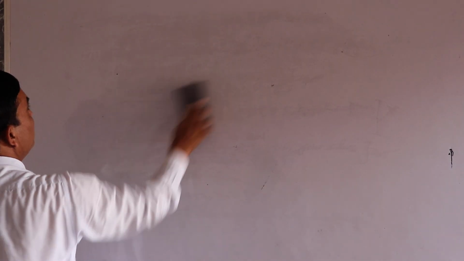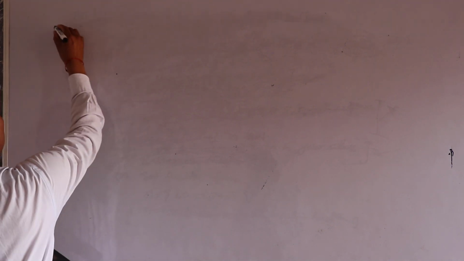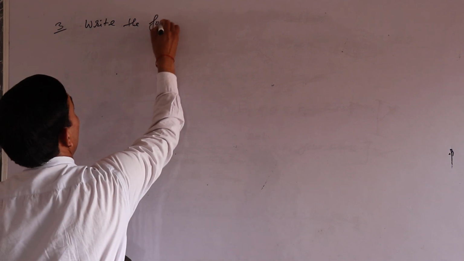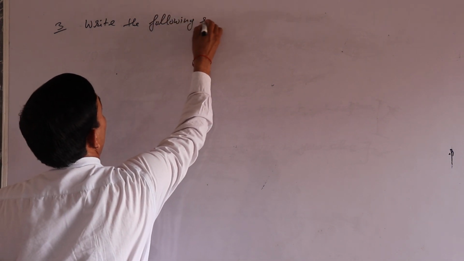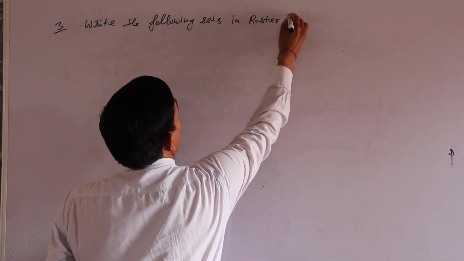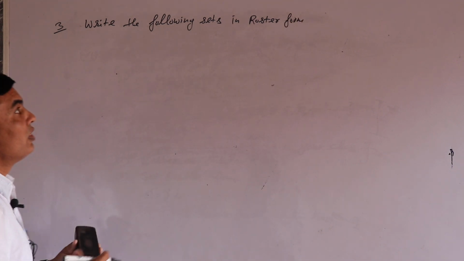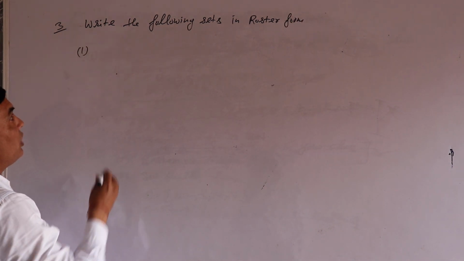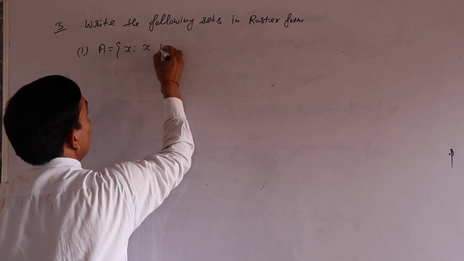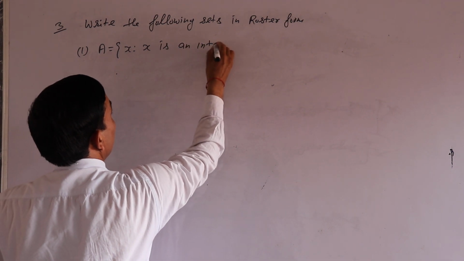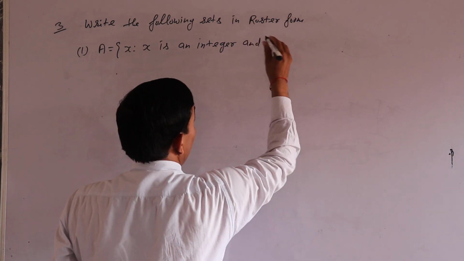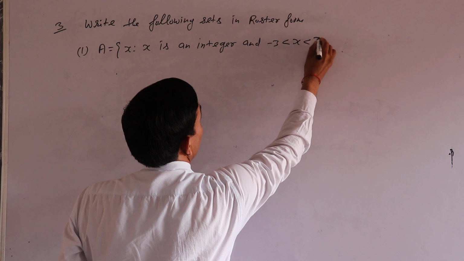Now the next question is question number 3. Write the following sets in roster form. First question is set A equals {x such that x is an integer and -3 < x < 7}.